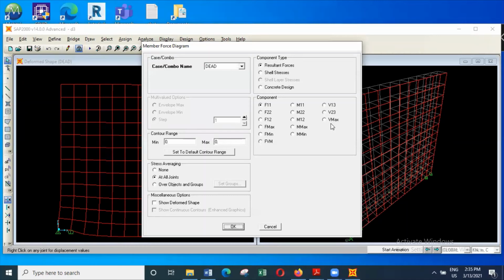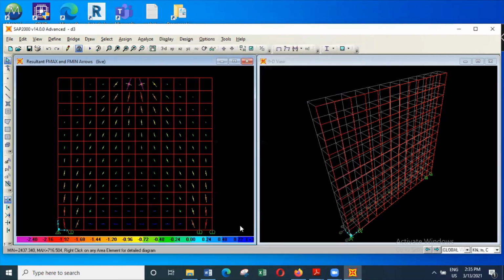And we can now look at the live load. So now you have the principal stresses evaluated. So we are going to have a look at this.